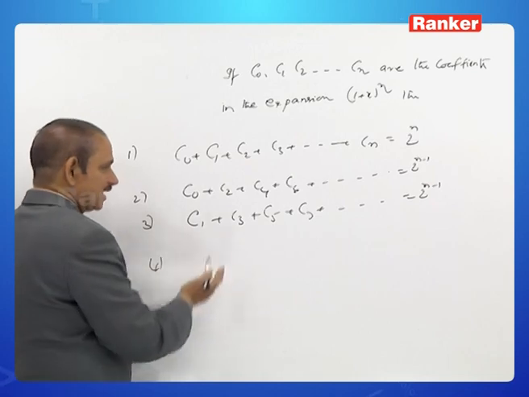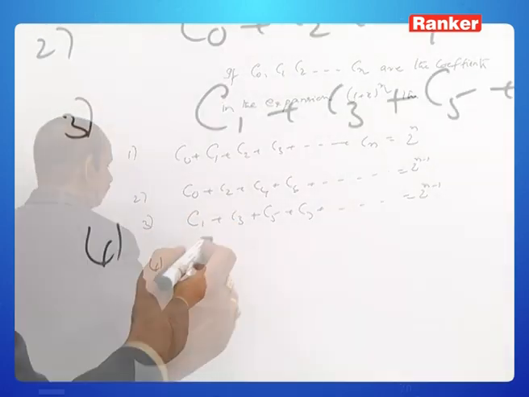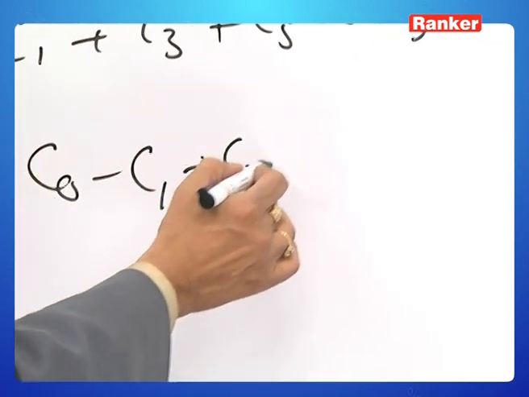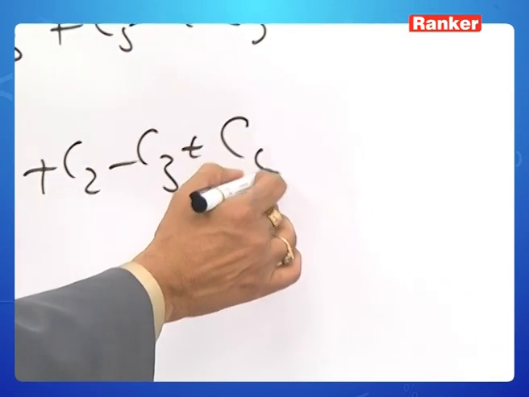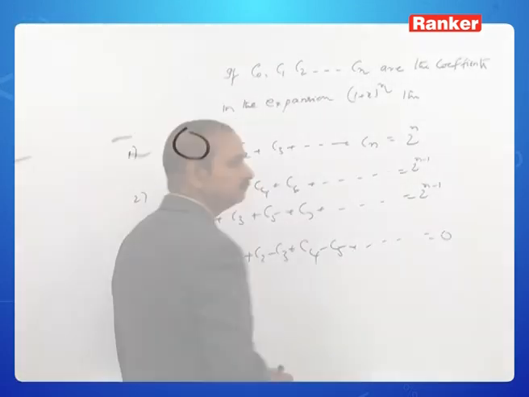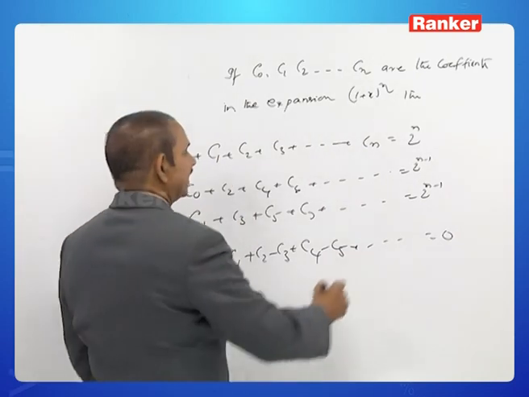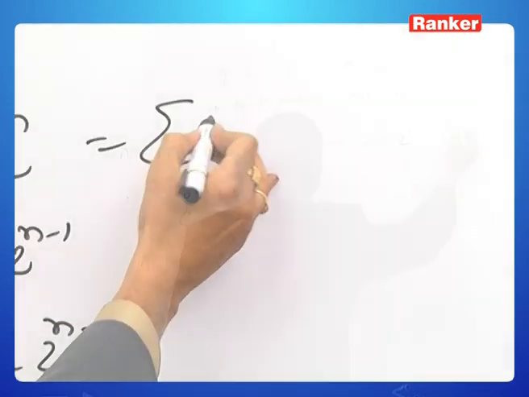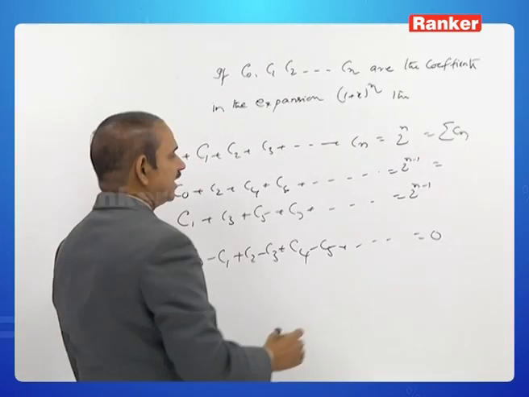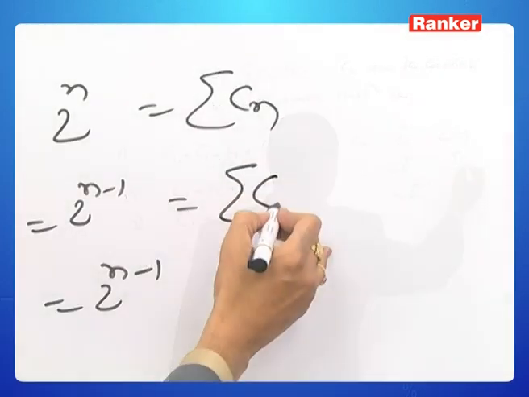Now you subtract this minus this. What happens? C0 minus C1 plus C2 minus C3 plus C4 minus C5 and so on is equal to, what happens? This is 0. This can again be represented as sigma Cn, sum of all the coefficients. This can again be represented as sigma C2r.